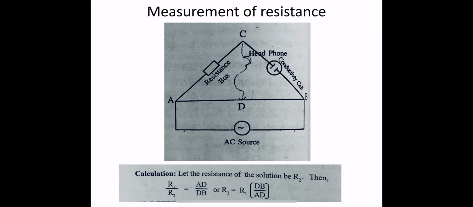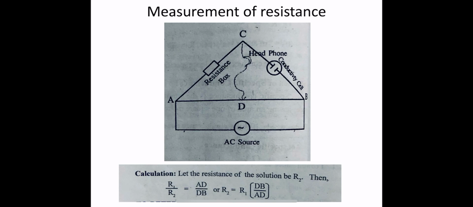The conductivity cell is rinsed first, and then it is dipped into the same solution taken in the beaker, the unknown solution whose resistance we have to measure. We immerse the conductivity cell in that solution, and care has to be taken to see that the two electrodes are completely immersed.